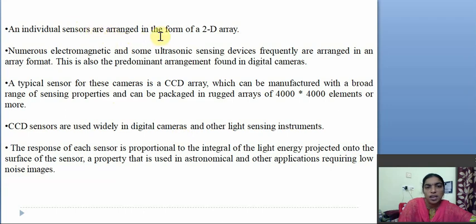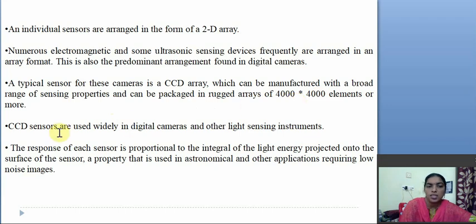Individual sensors are arranged in the form of a 2D array. Numerous electromagnetic and some ultrasonic sensing devices are frequently arranged in an array format. This is also the predominant arrangement found in digital cameras. A typical sensor for these cameras is a CCD array, charge coupled device, which can be manufactured with a broad range of sensing properties and can be packaged in rugged arrays of 4000 by 4000 elements or more.